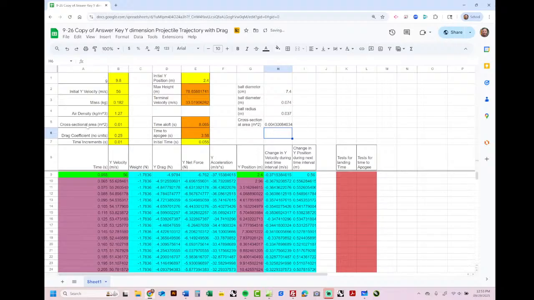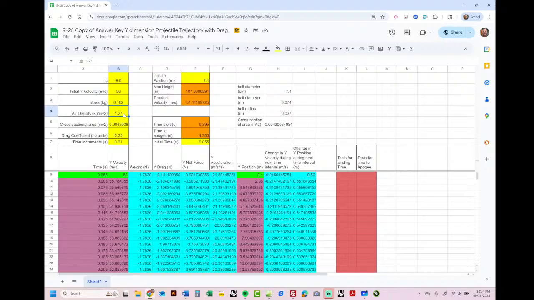So I need to put that in for the cross-sectional area. I can do it like this, equals that. Let me fix that. So it's very small, 0.004, 4 thousandths of a square meter.